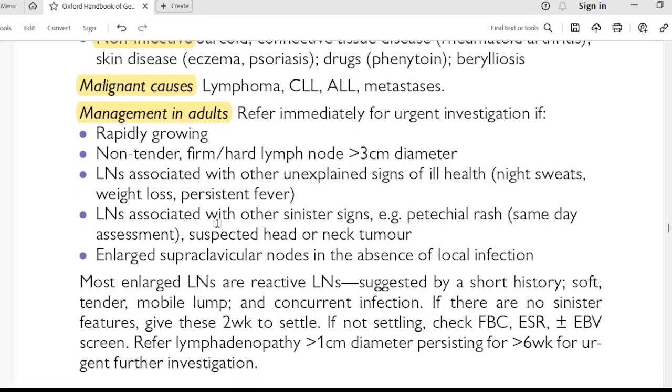Management in adults. Refer immediately for urgent investigation if rapidly growing, non-tender, firm or hard lymph nodes more than 3 centimeters in diameter.